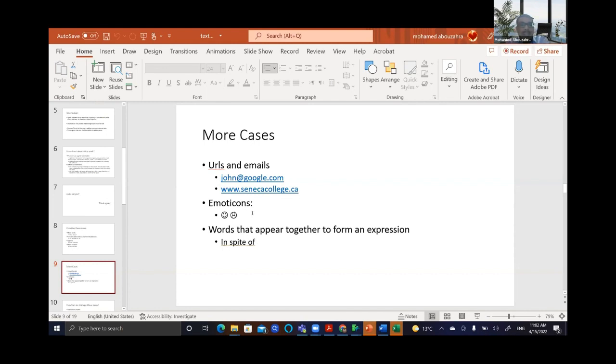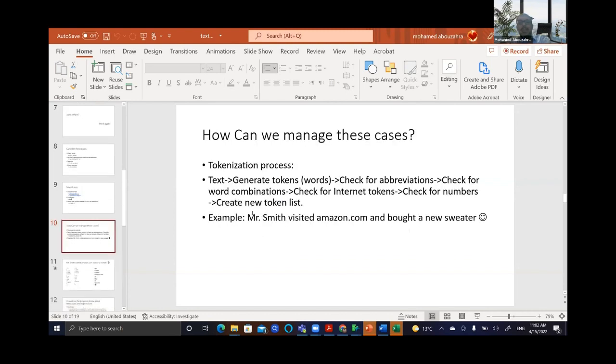Emoticons are also very common, especially if you're analyzing Twitter or social media data. They are represented as characters like two dots and then a parenthesis. How can a tokenizer understand that this is a word? It's not a word. It's a couple of separators, guys. So how would a parser know that?